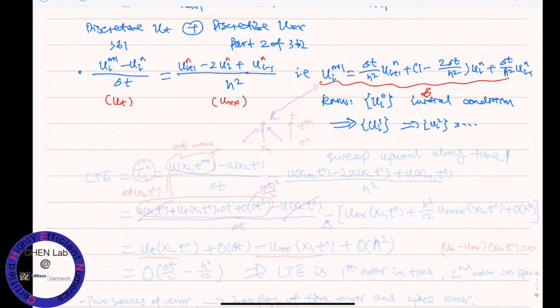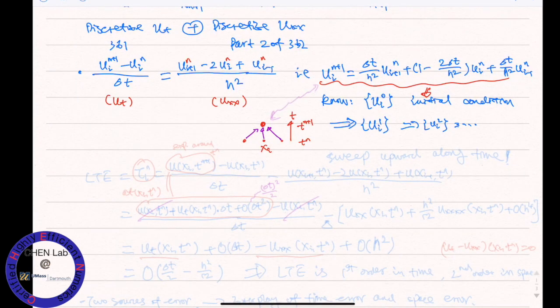Schematically, you have an xi. This is time level n, and then the next level is time level n plus 1. Here is time. So we're going to calculate the value here by using the values from here, here, and here.